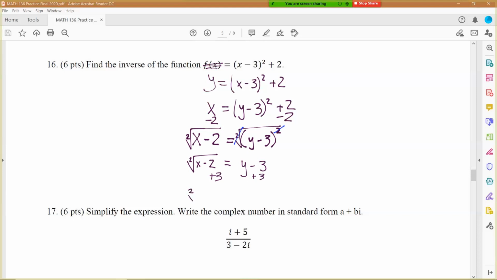So I'm going to write the square root of x minus 2, and then hanging out behind it, I'm going to put the plus 3. Then we're going to rewrite it back in inverse notation. So f inverse of x. And that right there is your final answer.